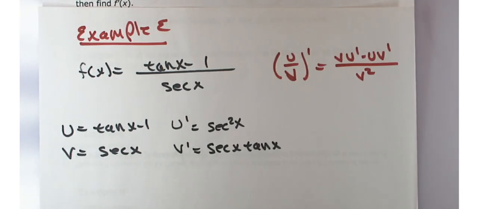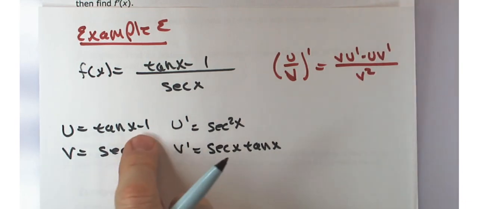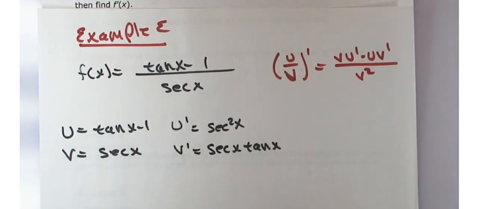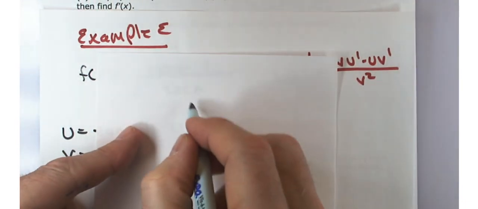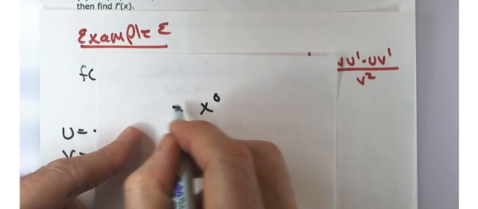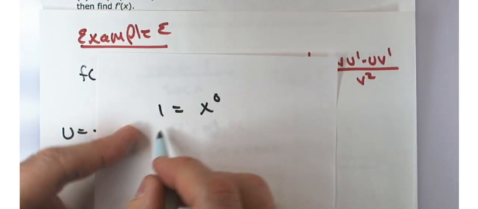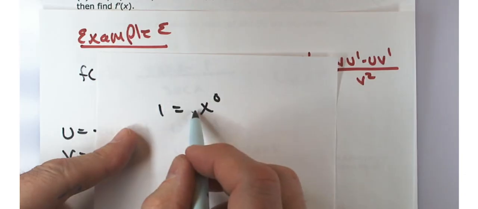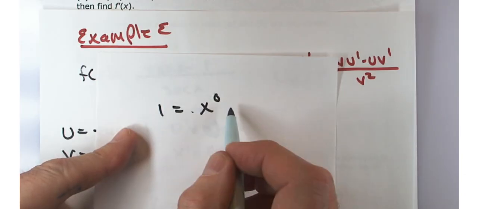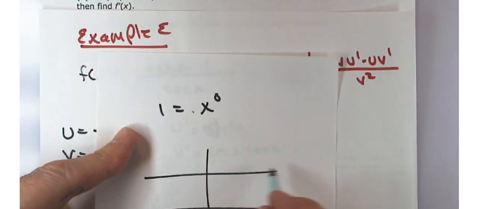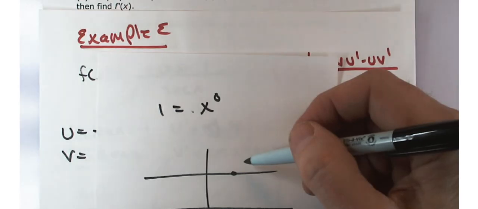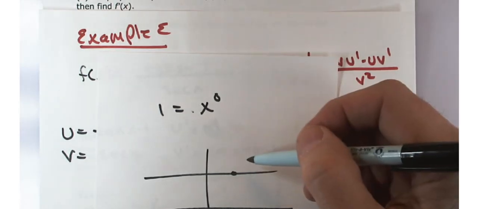Yes? Why'd the 1 go away? You can think of 1 as being, say, x to the 0 is 1. And if you're to differentiate this, you get 0 times x to the negative 1, but 0 times anything is going to be 0. Or a different way to think of that, Stephen, is the derivative measures the slope of the tangent line, which is the rate of change.